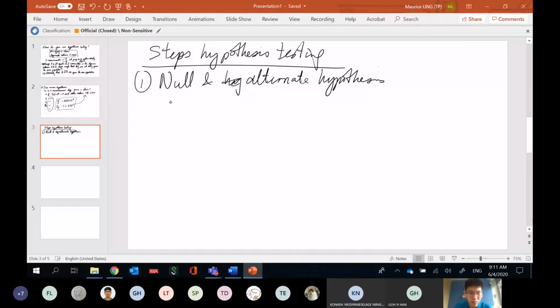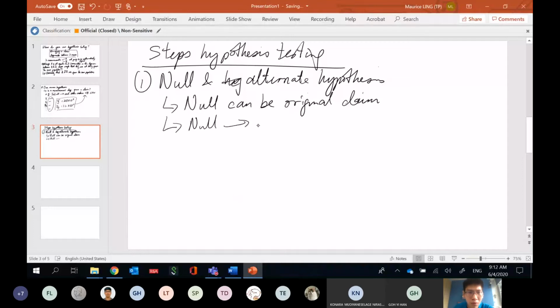Okay. So in this case, there are two situations. The null can be an original claim, right? The null, for our tutorial now, it can be original claim. But in wider difference, the null hypothesis is actually no difference.